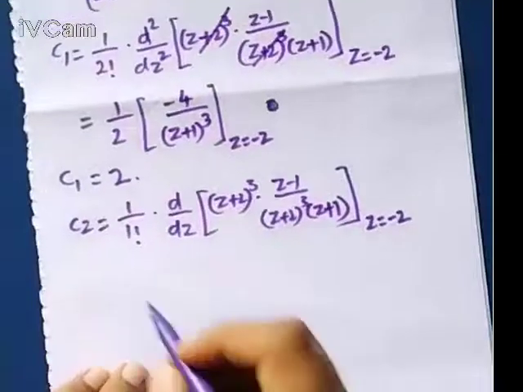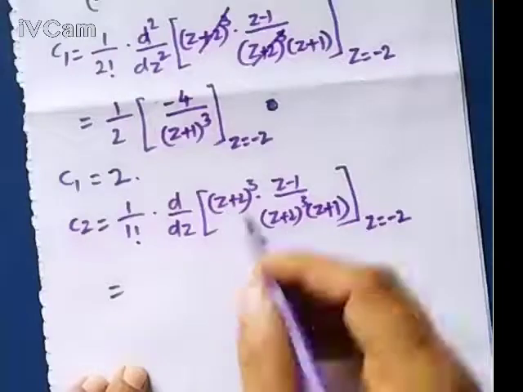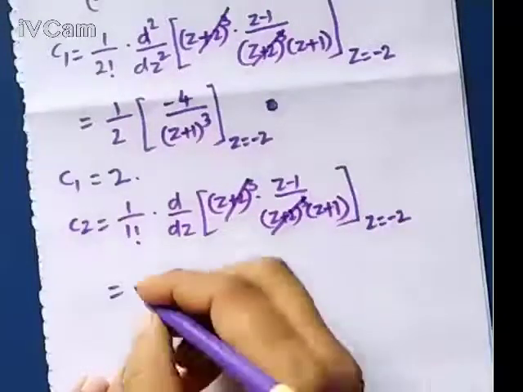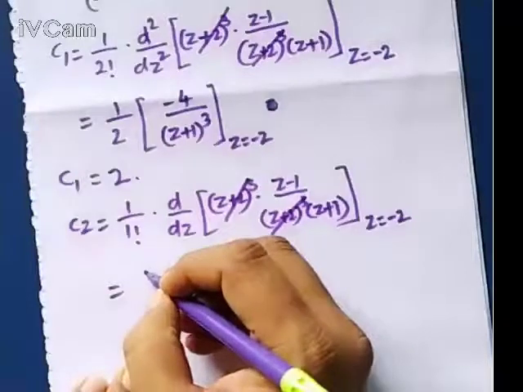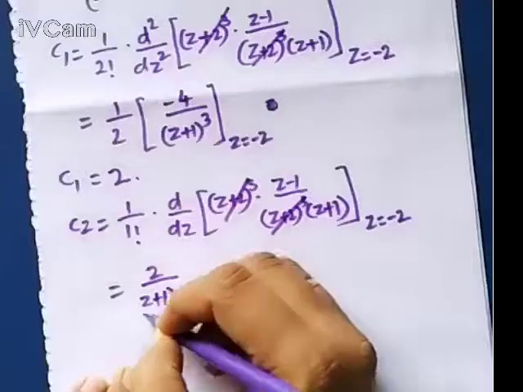Now you will get 1 by 1 factorial is 1 here, and if you differentiate this term one time, that will be 2 by z plus 1 square.